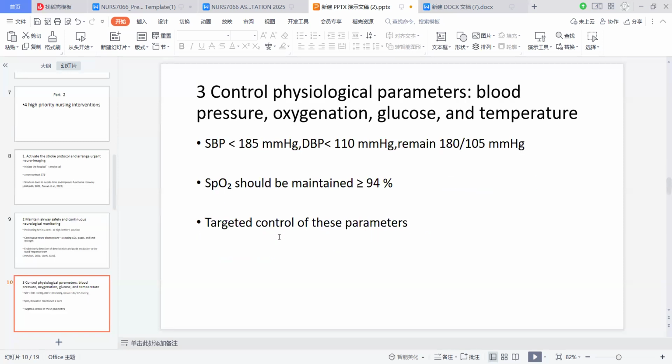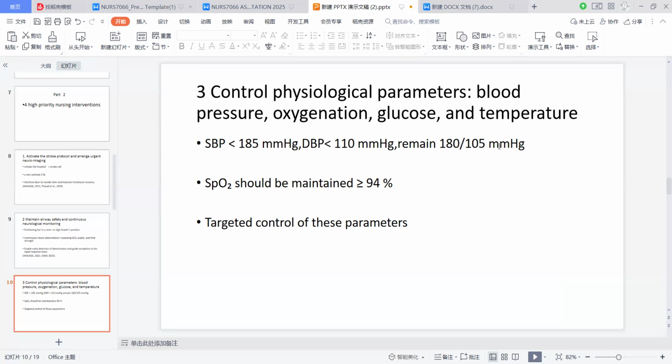The third thing we should keep in mind is to control physiological parameters like oxygenation, glucose, and body temperature. Before intravenous thrombolysis, SBP should be less than 185 and DBP should be less than 110.